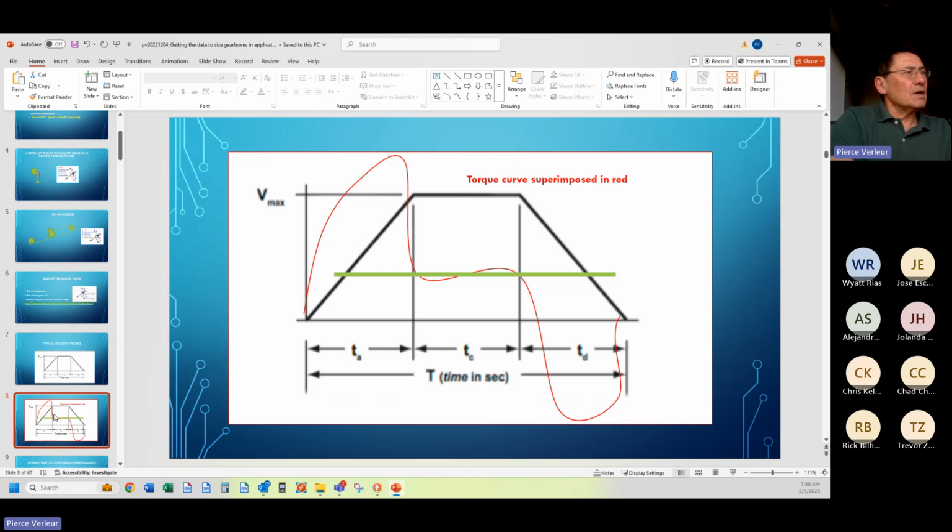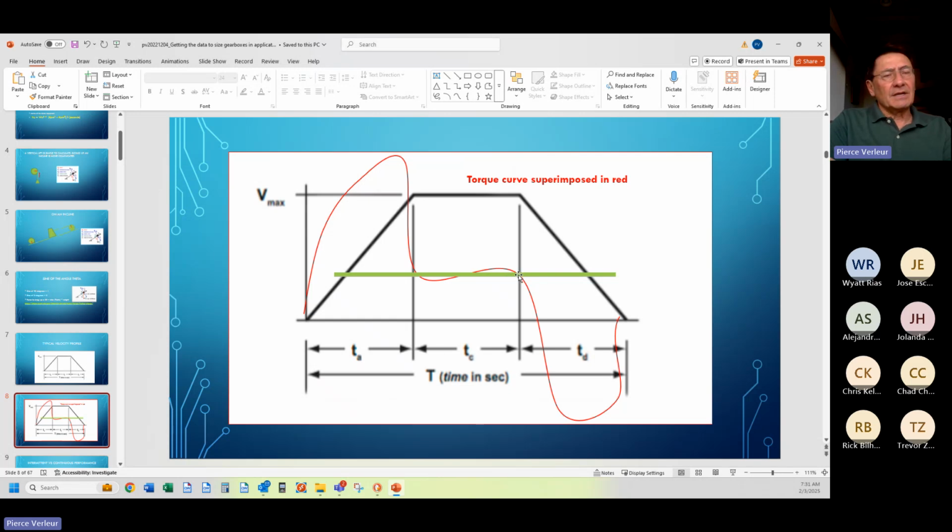Now, if we overlay torque onto the velocity profile, you can see that during the acceleration, remember, that acceleration torque took into account the inertia of the load. So typically, you're going to have a very high acceleration. If this is a horizontal application, your torque required during the constant speed running portion of the velocity curve will drop down to what essentially is the coefficient of friction dragging that load across the surface.